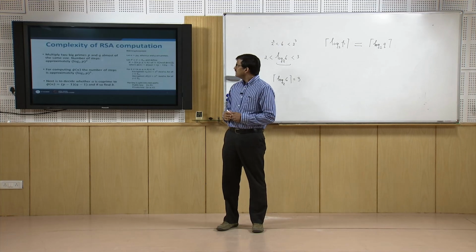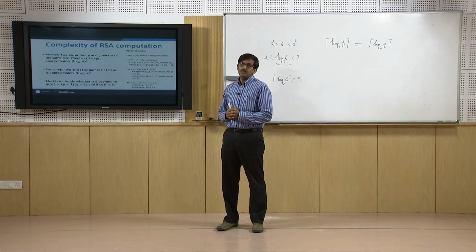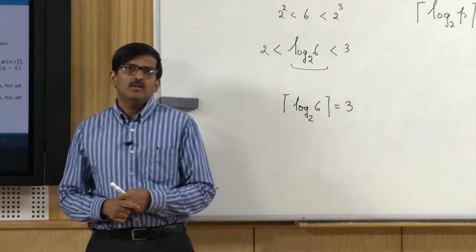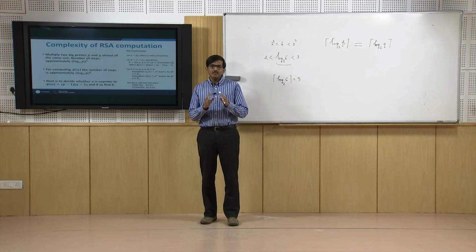Once we know this, then we can get some idea of the difficulty in computation of the product PQ. Right now we do not have an idea of the difficulty of finding the primes, but let us assume that we have got the primes.